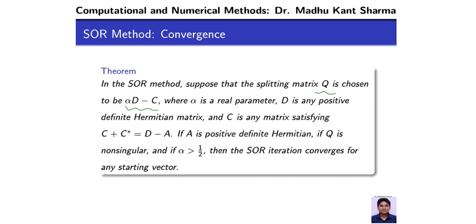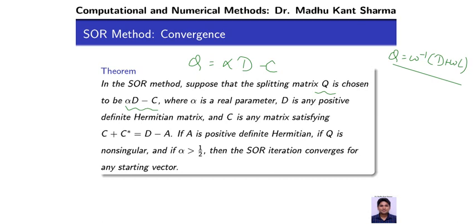Now suppose that the splitting matrix Q is chosen to be Q equals alpha times D minus C. If you recall the general method, the SOR method we have learned has Q equal to W inverse times D plus L. So here alpha is W inverse and C is minus L. Okay, you can compare with the previously stated SOR method.